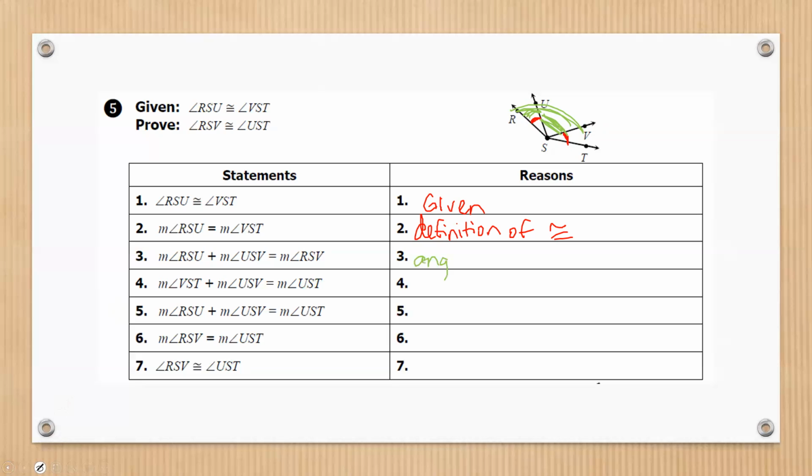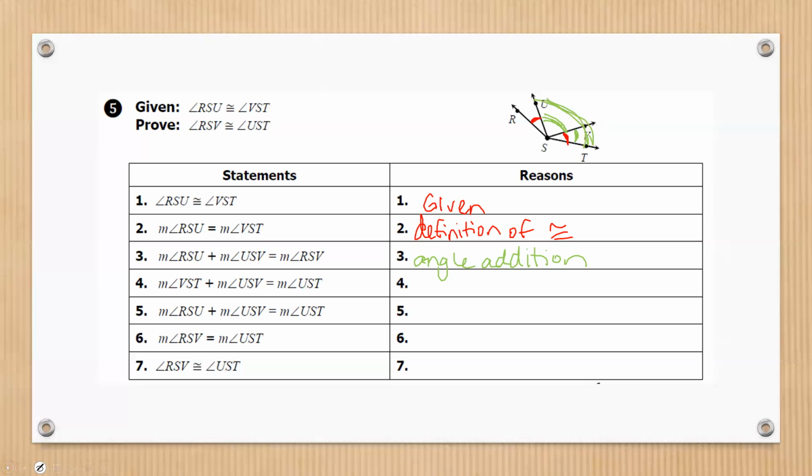This is angle addition. Okay, now let's look at step 4. I suspect angle addition again, but I'm going to double check just in case. It says angle VST, that's this angle, plus angle USV, that's this angle, equals angle UST, that's this angle. Oh, there we go.